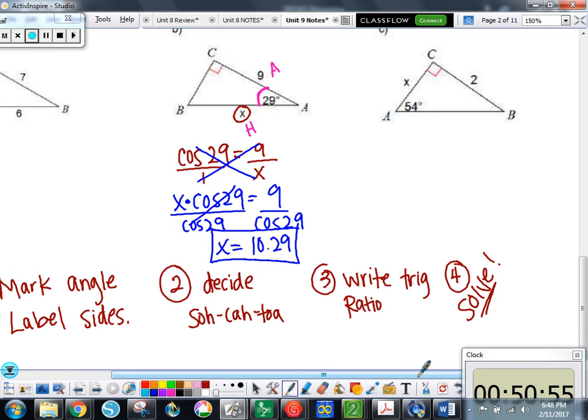Part C. Based on my 54-degree angle, I have an opposite and I have an adjacent. So which of the three SOHCAHTOA do I use here? Tangent, TOA, OA. Tangent of 54 equals opposite over adjacent. So again, we need to solve this. X is in the bottom. Let's write a proportion.